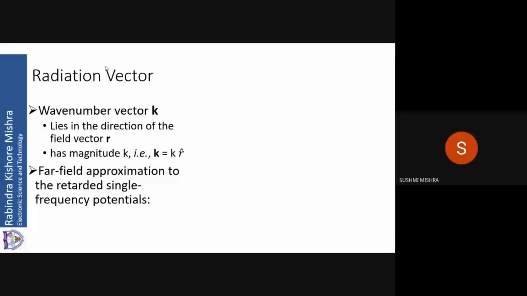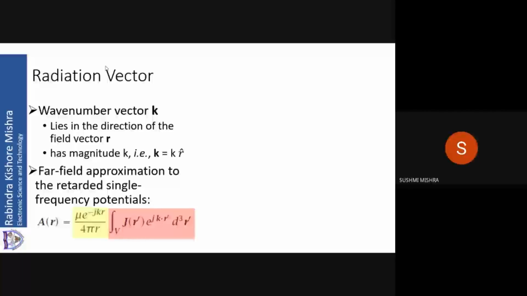So the retarded single frequency potential is given as A(r) is equal to mu e to the power minus jkr upon 4 pi r, then an integration term over the volume. The integration is over the source J, which depends on r dash: J(r dash) e to the power jk dot r dash integrated over volume.